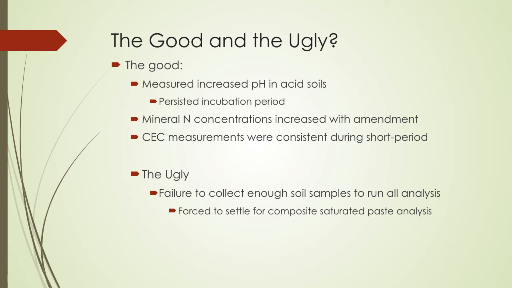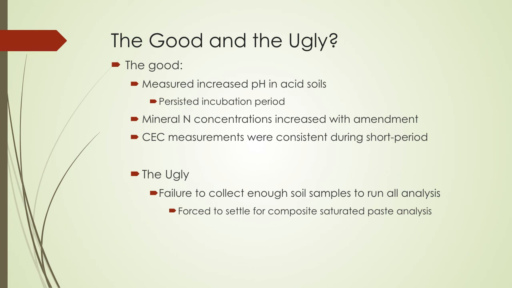And they also were able to measure increased concentrations of the ammonia and the nitrate in the soil. The CEC did not change as it had in other studies in the past. However, this was a shorter incubation and trial period, so that could change over time. But in the short 8-week period, they had consistent data with that.